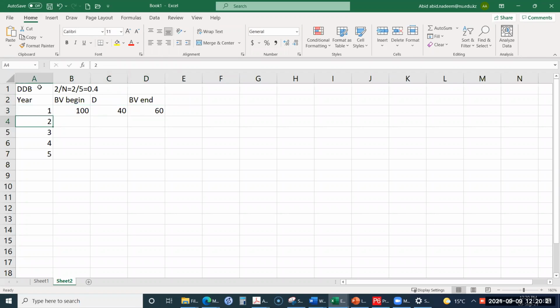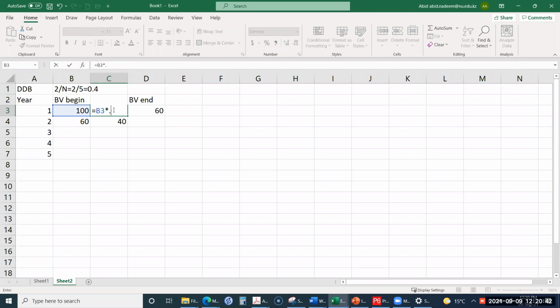So this will be the same book value at the beginning of year 2. In year 2 now, sorry, I should change the formula. So it will be 60 times 0.4.